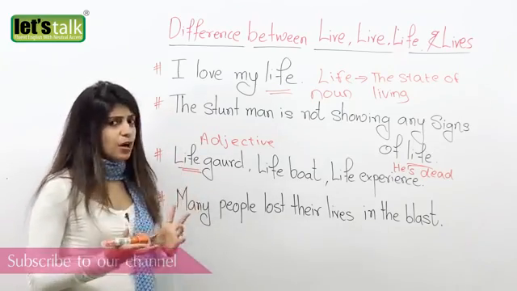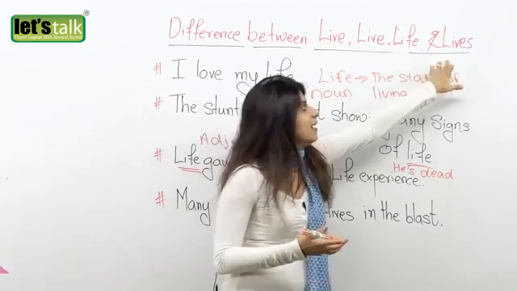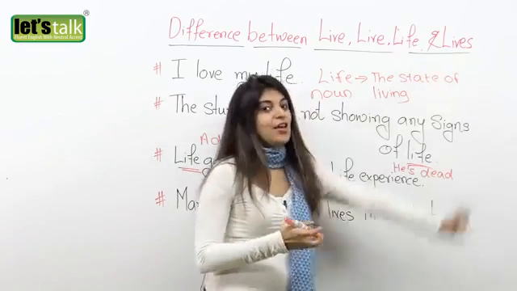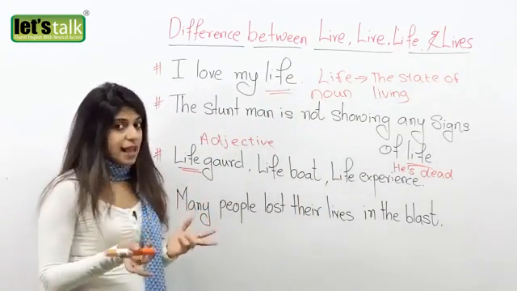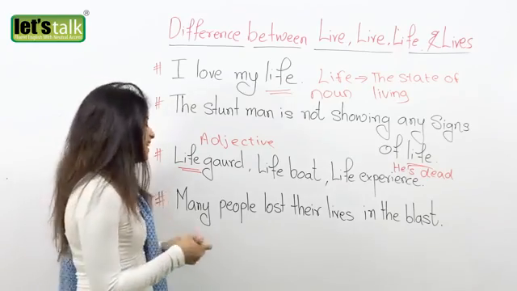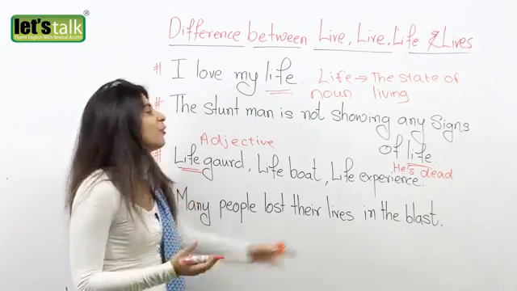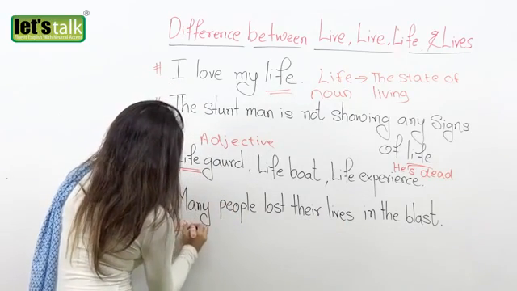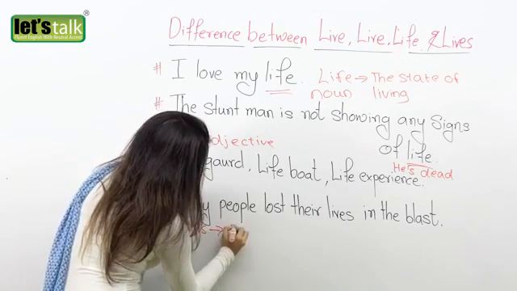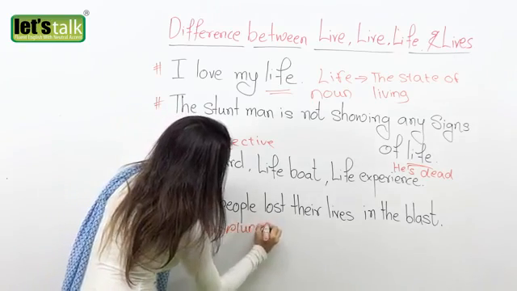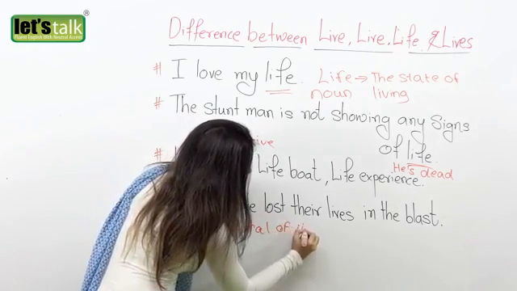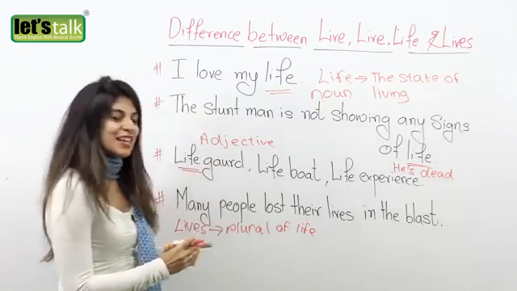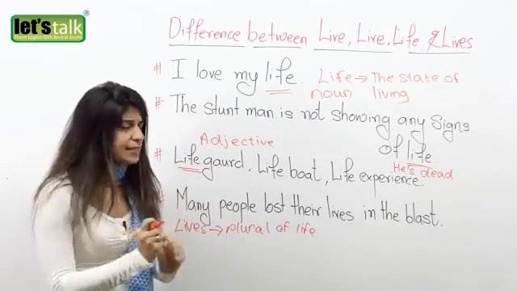Now there's another word that is lives, okay? So what does that mean? Well, it is the plural form of the word life. So lives is the plural of life. So let's look at an example to understand this better.